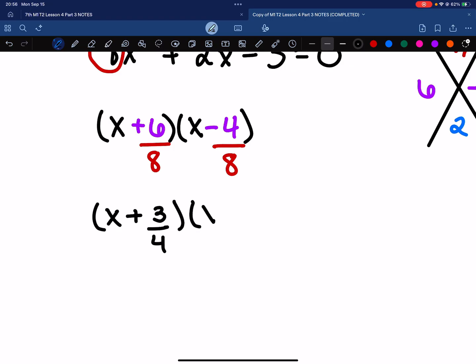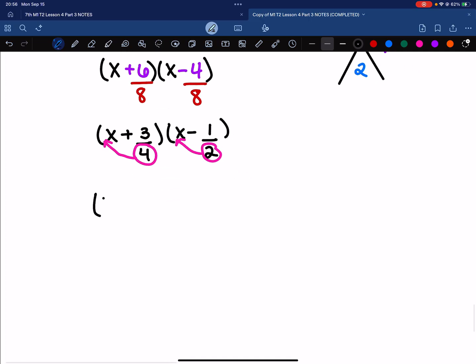And 4 over 8 simplifies to 1 over 2. So when the denominators don't simplify completely, remember those go in front of the x that it's with. And so we get a 4x plus 3 and a 2x minus 1.